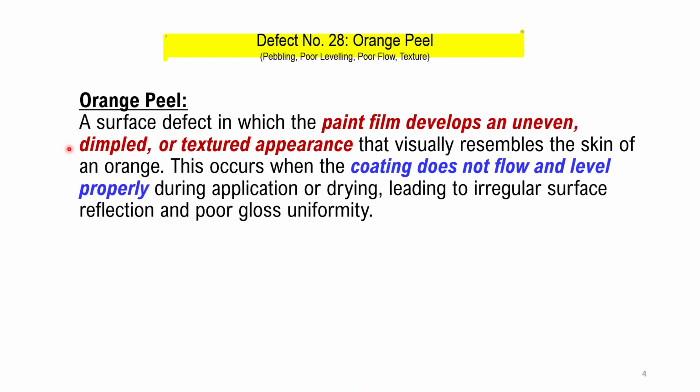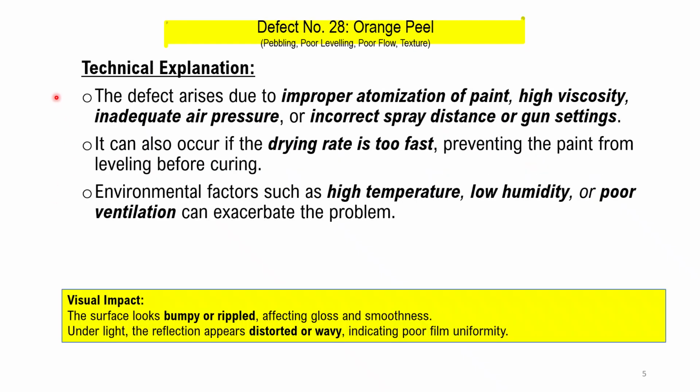This occurs when the coating does not flow and level properly during application or drying, leading to irregular surface reflection and poor gloss uniformity. It can be technically explained as the defect arising due to improper atomization of paint, high viscosity, inadequate air pressure, or incorrect spray distance or gun settings.